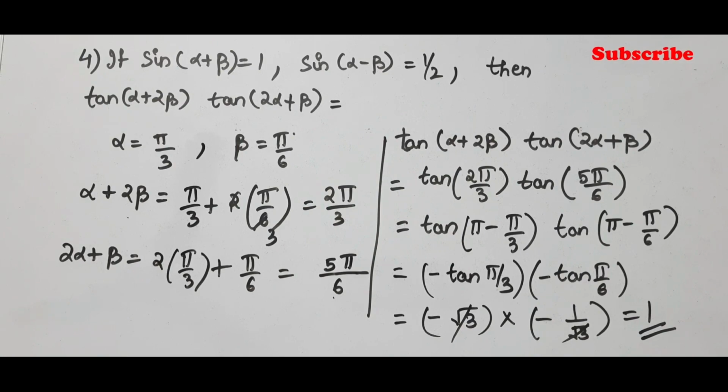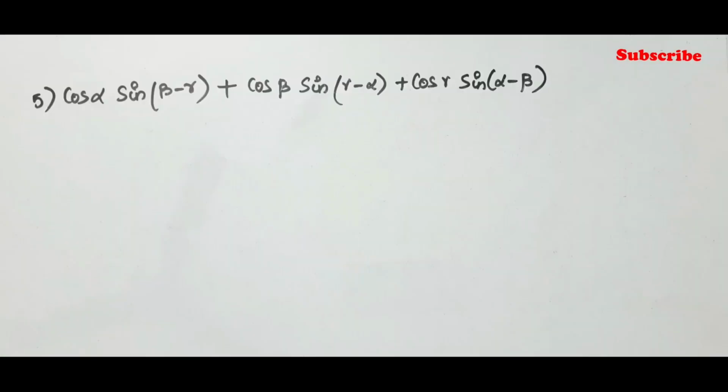If it is sine and cos, you can easily apply the transformation formula. If it is tan and cot, it is better to get the values of alpha and beta and substitute them in the given question, and you will get the answer easily. Okay. Now let us go to the next problem.